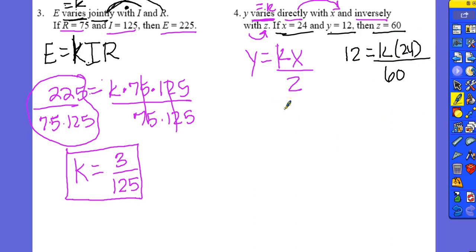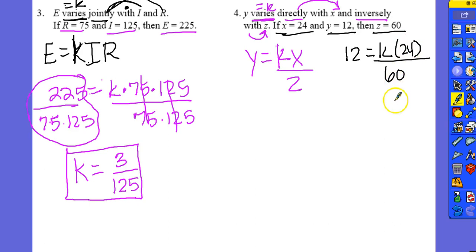And again, I would like to point out that we can use the calculator to do everything we want it to do. I've been noticing all day that people either pay attention to me and they get this done in one step, or they do it in 2 steps. So I want to talk to you about how we would solve this in 1 step. I want to move the 24 and the 60 at the same time and leave the K isolated.